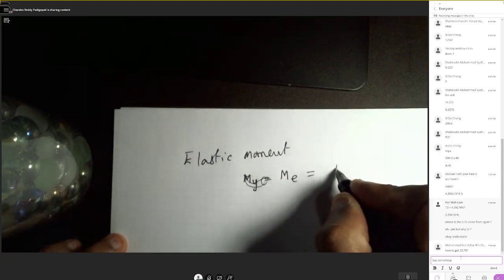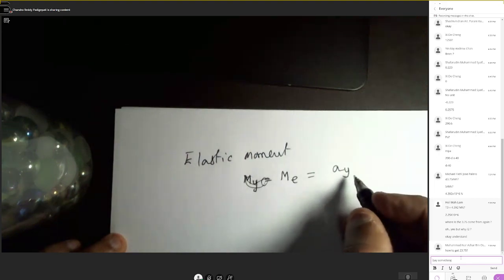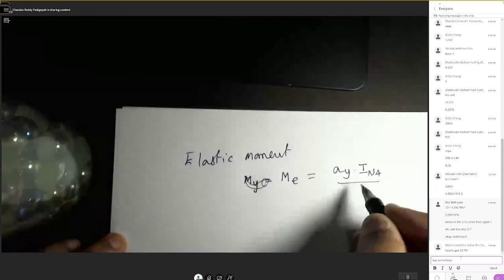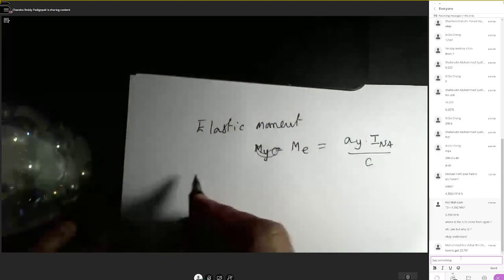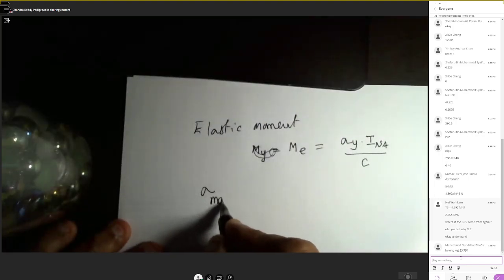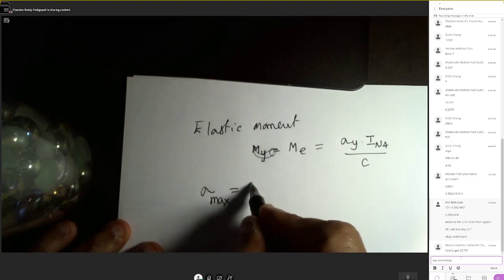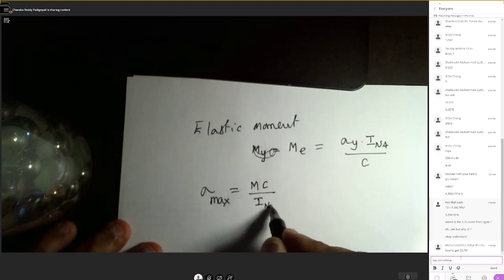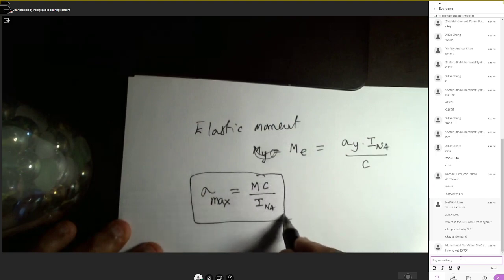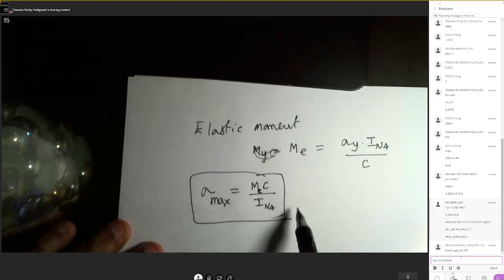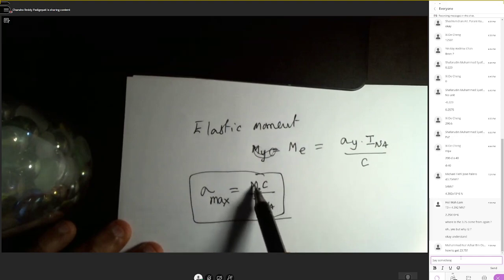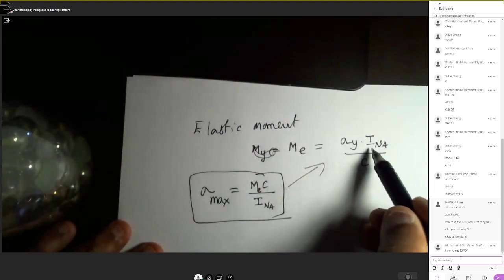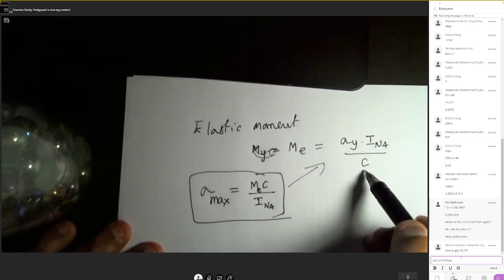So the yield stress multiplied by inertia through the neutral axis from Flexure formula over the C. If you recall from Solid Mechanics 2, from the flexure formula, the maximum stress acting on a cross section is Mc over inertia through the neutral axis. So this is the formula. Here the moment is the elastic moment, and now we are estimating the elastic moment. So we can write elastic moment as the yield stress multiplied by the inertia through the neutral axis over C.